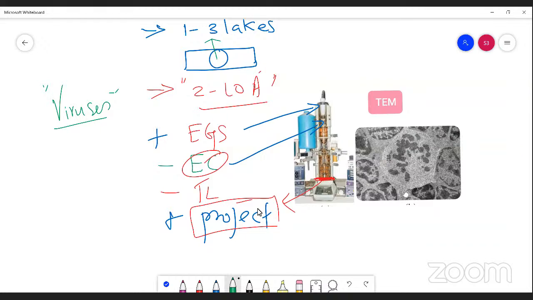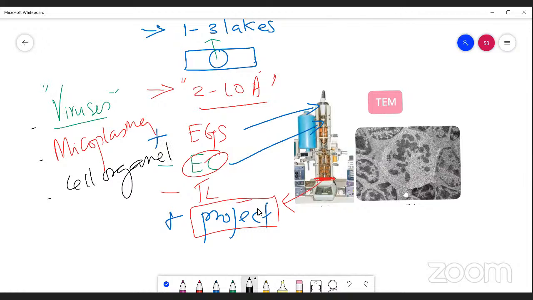The fine structure of a virus, mycoplasma, and cell organelles can be seen under the electron microscope, or transmission electron microscope.